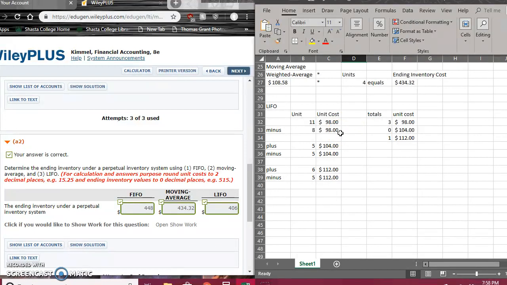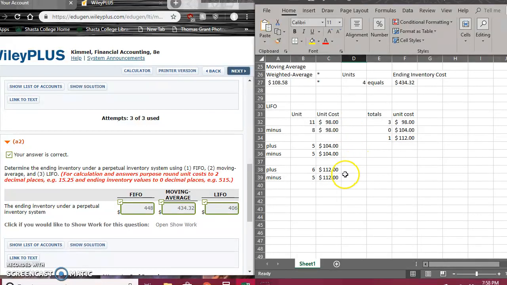So we're left with 3 units at $98. Then we purchased 5 units at $104, but we sold those 5 units. So we would use the price of the most recent purchase, and so basically they cancel out. So we're still left with 3 units from the $98 cost.